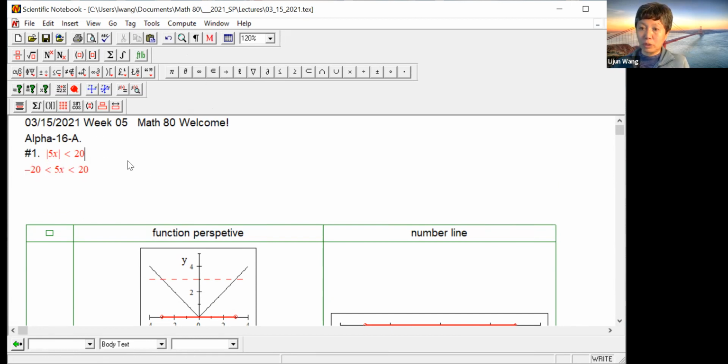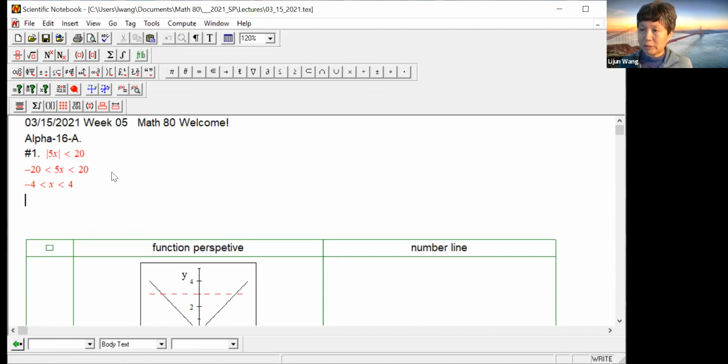When you read this, you read it as: if this is true, then that is true. And if this is true, we divide every side by 5, and we get negative 4 less than x less than positive 4. And then you're done, right? It's done.